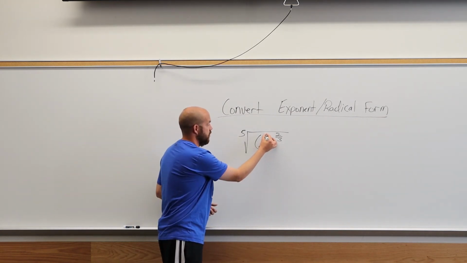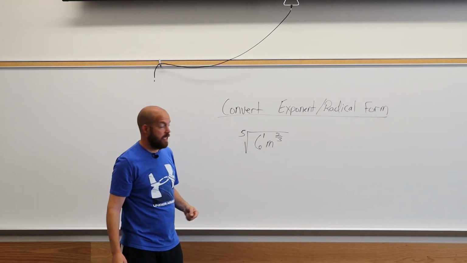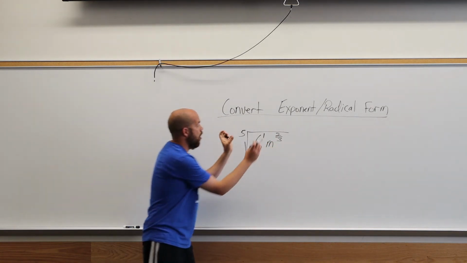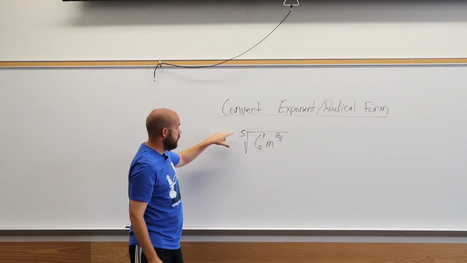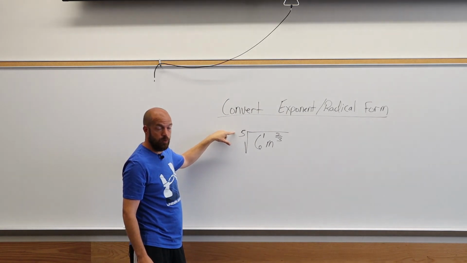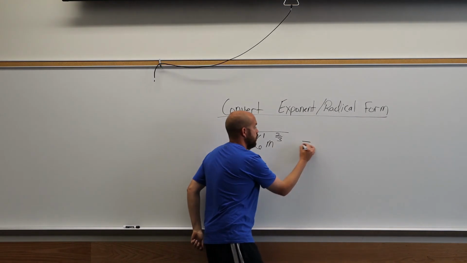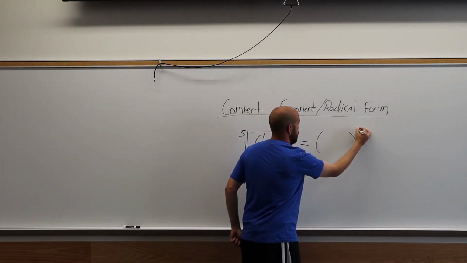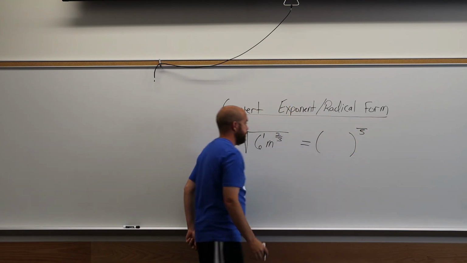I've got a 6 to the invisible 1 power, m to the 2/3 power, and then all of that is being raised to the fifth root.